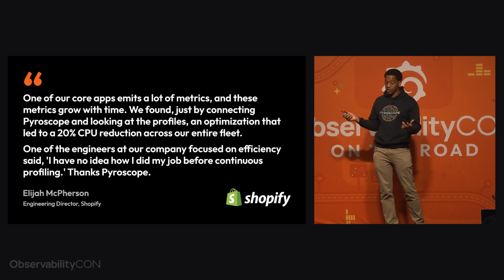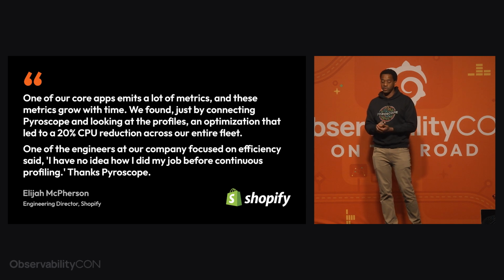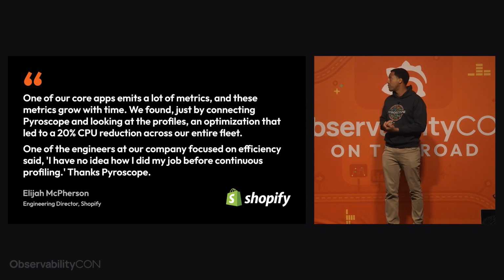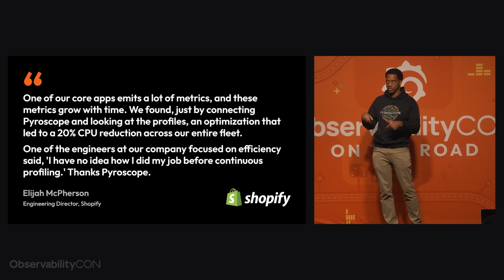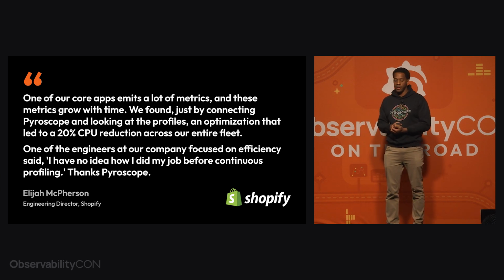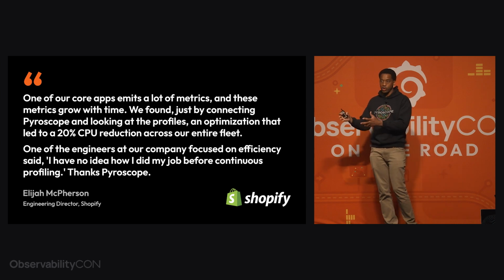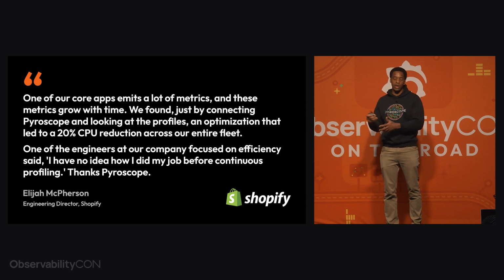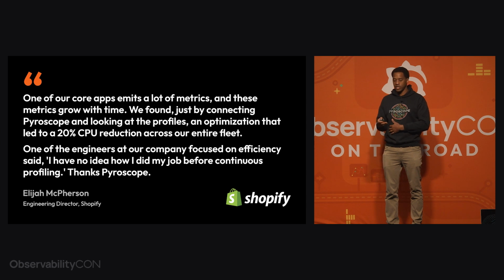Next is responding to things as well. We have a couple of examples here. Shopify, one of our biggest users of Pyroscope, spoke at this conference several months back. They use profiling both preparing for and during the heat of Black Friday, which is a really large day for them.